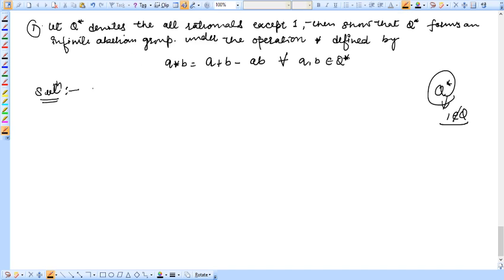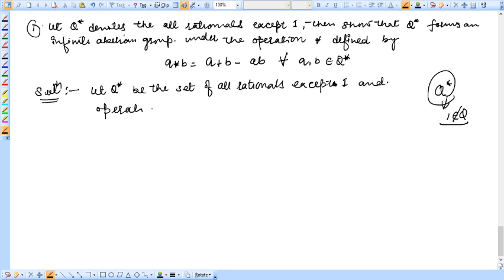In solution you are going to write it again, that let Q star be the set of all rational numbers except 1 and operation star is defined as a star b is equal to a plus b minus ab.